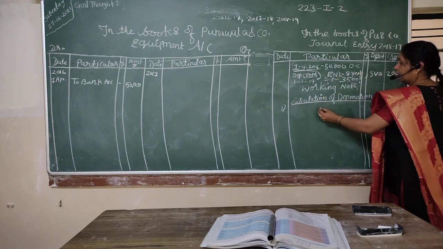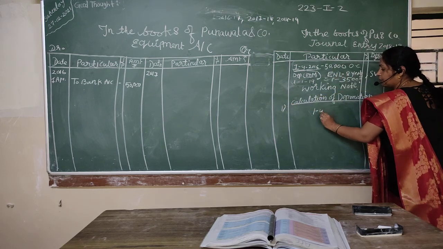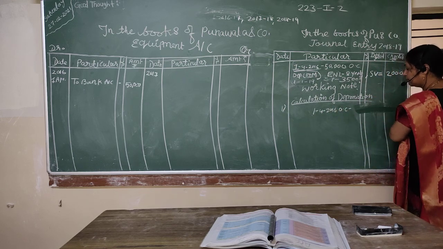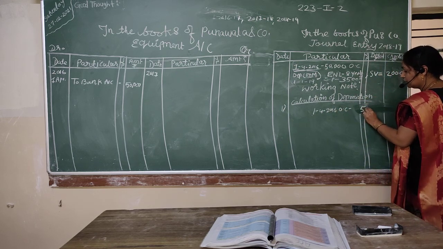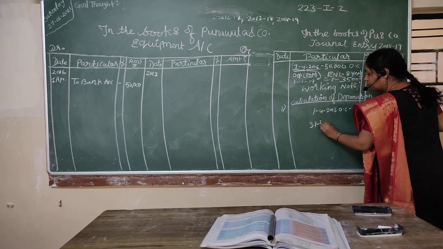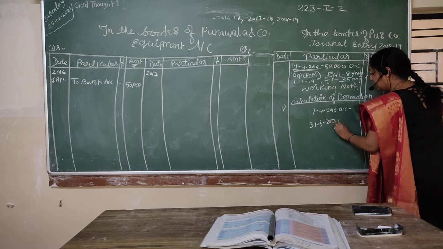So let's calculate the depreciation. We will go date wise. On 1st April 2016, the original cost was 50,000. Then the first year will be closed on 31st March 2017.